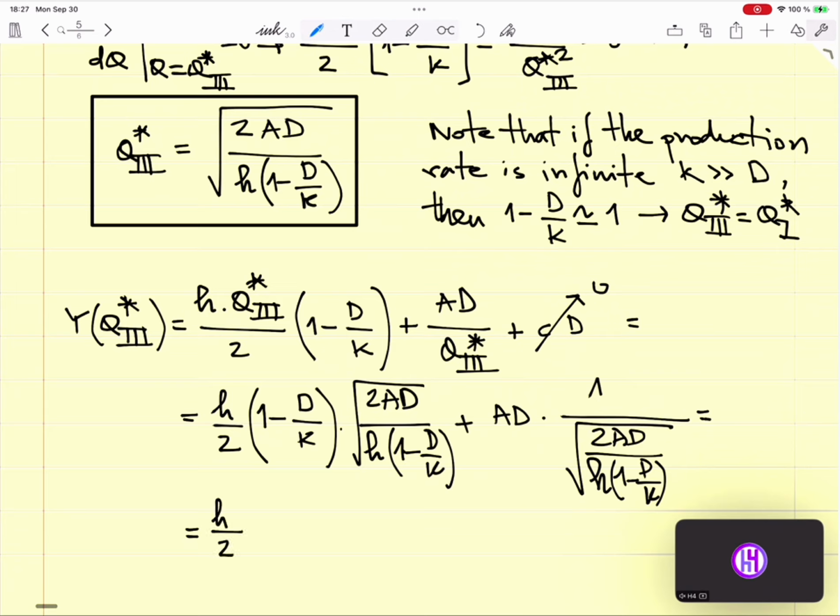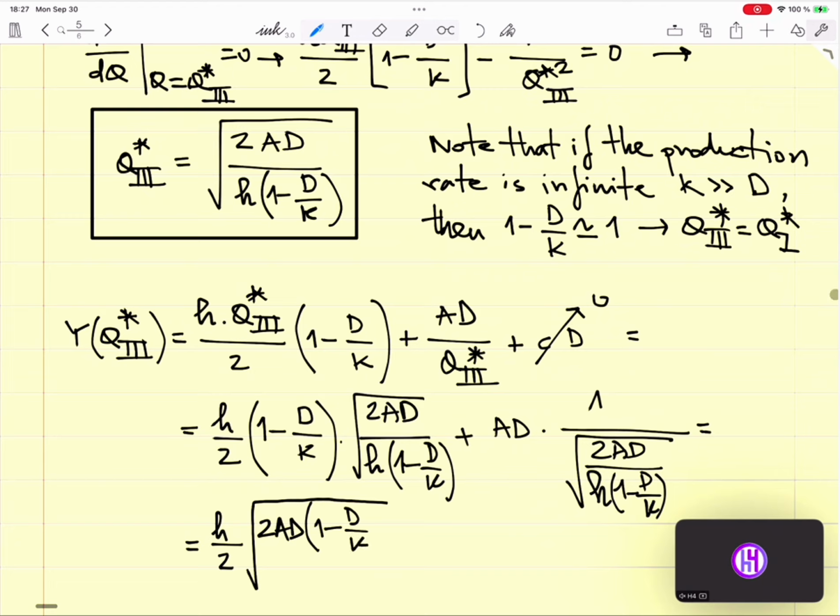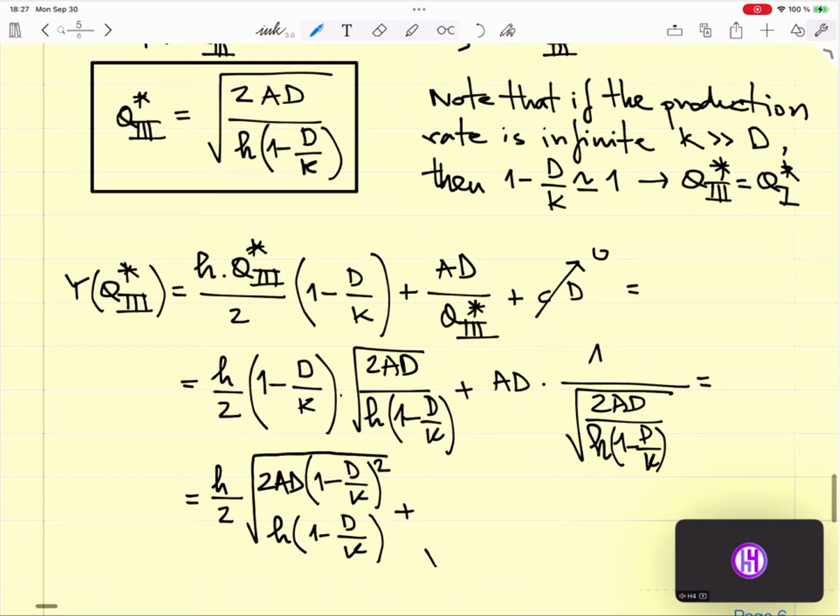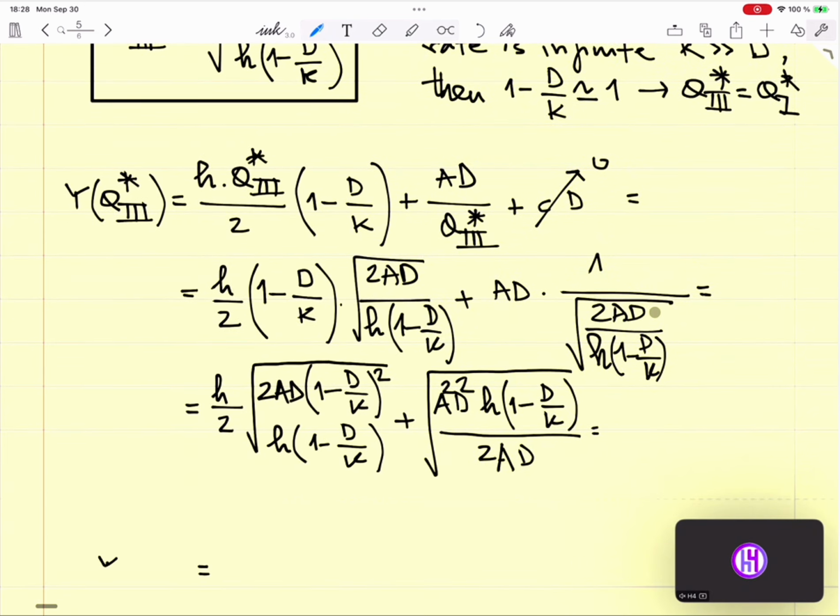H divided by 2 times 2AD times 1 minus D divided by K square divided by H times 1 minus D divided by K, plus square root of A square D square H times 1 minus D divided by K. Sorry. 1 minus D divided by K divided by 2AD, and this turns out to be the final solution.